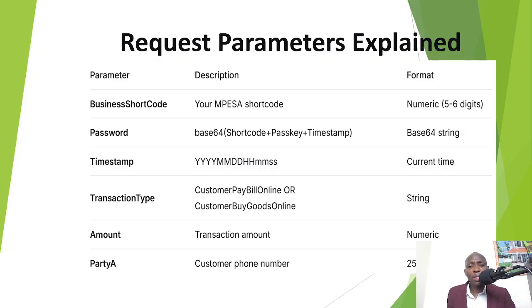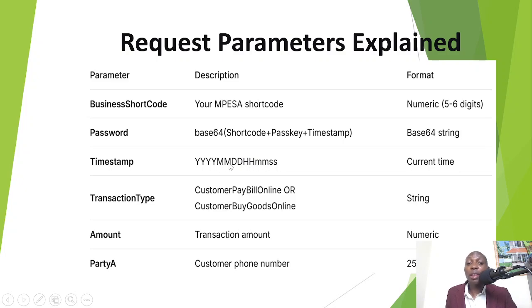Some of the common mistakes that people make are use of the wrong timestamp, an incorrect shortcode, or adding some spaces in between. This will be rejected. So it is good to base64 encode this password in that order, and this timestamp should be in the format year, month, day, hour, minute, second.